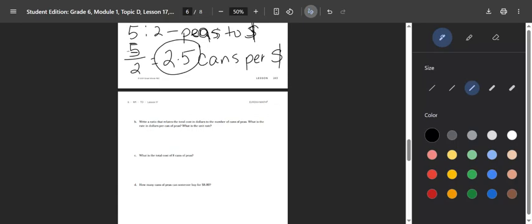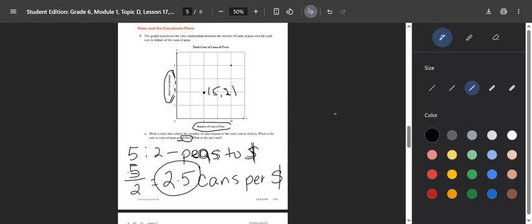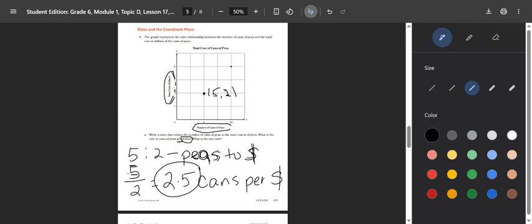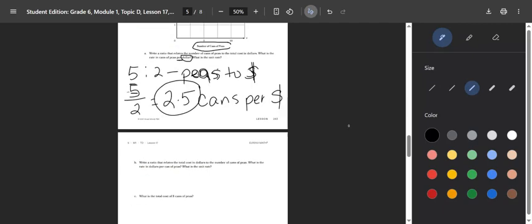So B says, write a ratio that relates the total cost in dollars to the number of cans of peas. What is the rate in dollars per can of peas? What is the unit rate? All right, so a ratio that relates the total cost in dollars to the number of cans of peas, go back up, is 2 to 5, because now you're talking about the cost first and then the cans of peas.